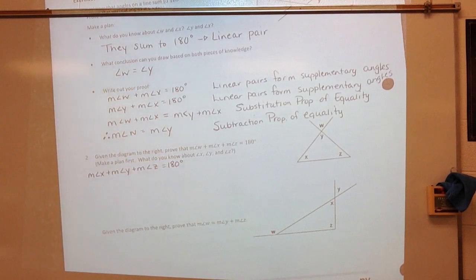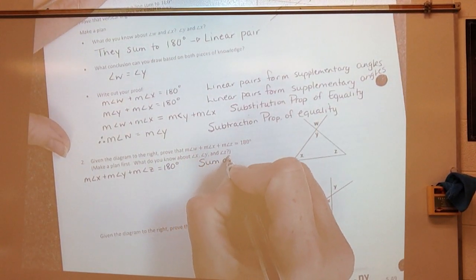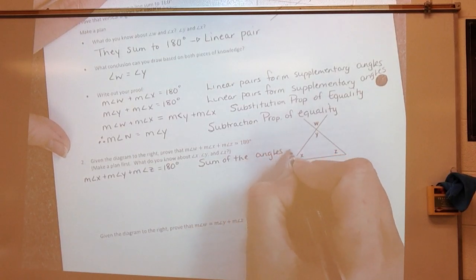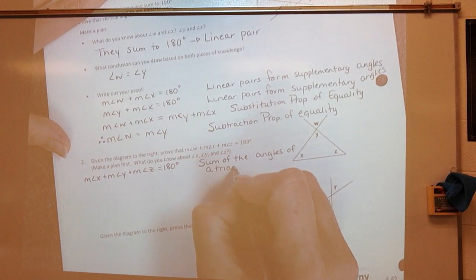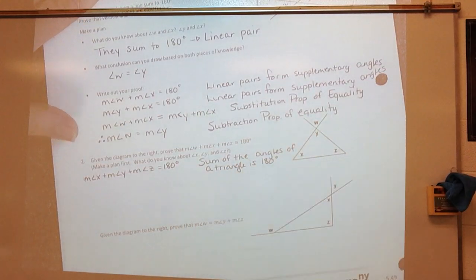I always have to tell why. How do I know? The sum of the angles of a triangle is 180 degrees. All right, that's how I know. It is a fact that the sum of the angles of a triangle is 180 degrees.